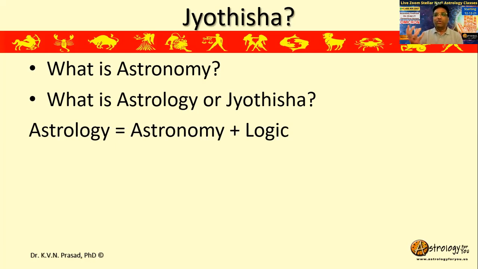In astronomy, you do the physical things. The moon rotates around Earth, and then Amavasya comes, Paurnami comes, and the same with Saturn, Jupiter, all that. But there is no logic. By logic I mean you are trying to predict the influence of those planets on human beings.